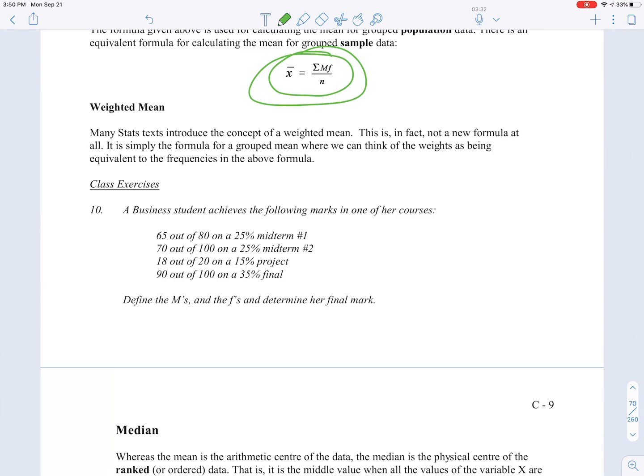What's the grade that the person has here? What you might want to do is just stop it at this point and see if you can apply the grouped mean formula to figure this out. So just pause it at this point and then we'll pick it up.